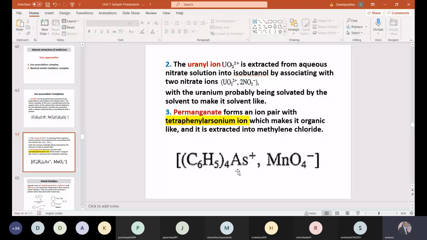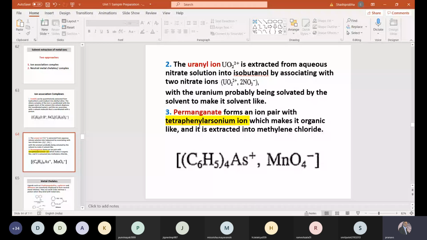You can see there are 4 phenyl rings here, so it is more organic-like, and therefore it gets extracted into the organic phase, into methylene chloride, dichloromethane. And these are some of the classical examples based on ion association complexes.